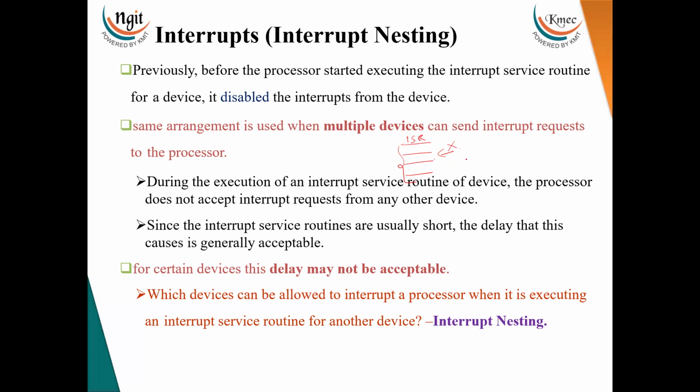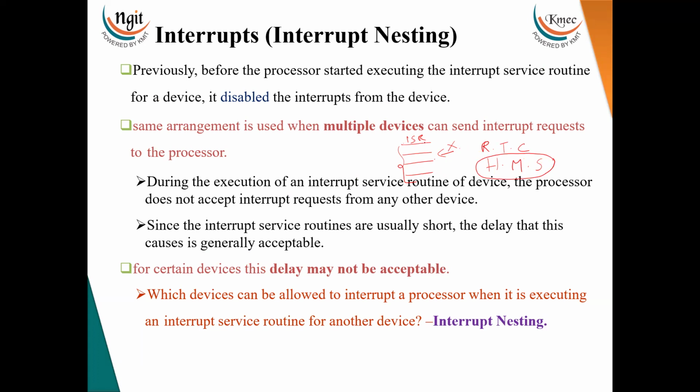But in a few cases, even this small execution time is not tolerable for some circuits, like the real time clock. The real time clock has hour, minute, and second counters, and for every interval it is supposed to increment these values.